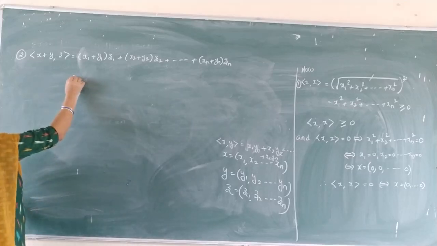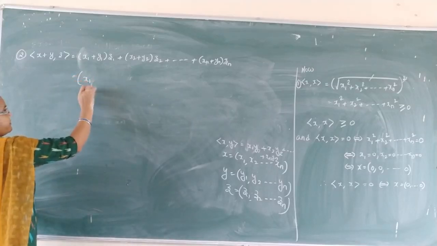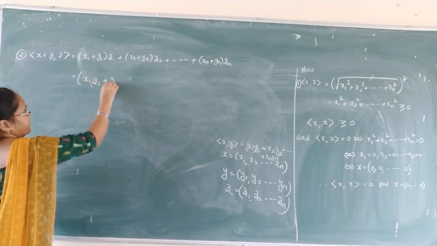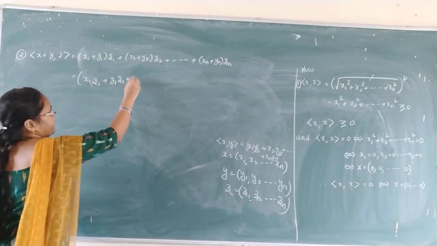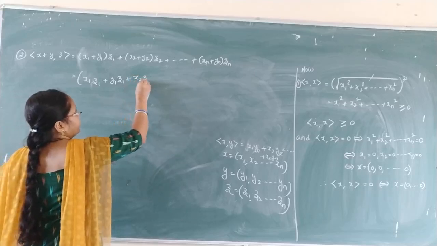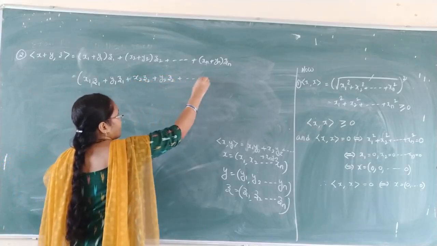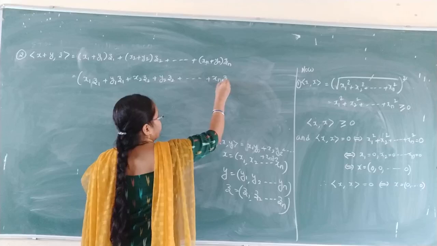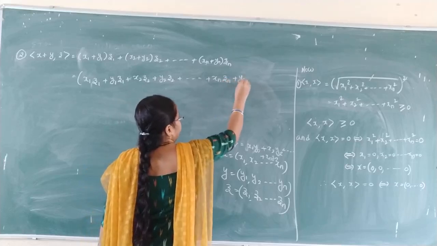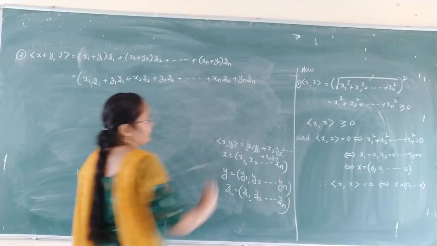x1 into z1 plus y1 into z1 plus x2 into z2 plus y2 into z2, so on plus xn into zn plus yn into zn. Okay.